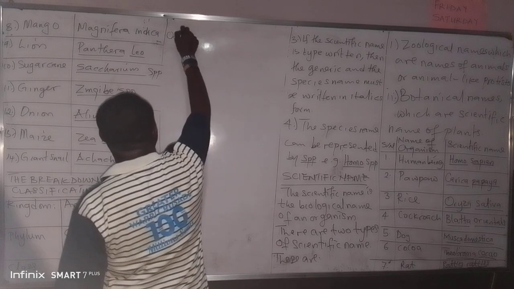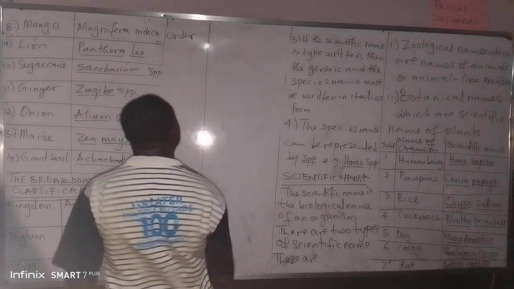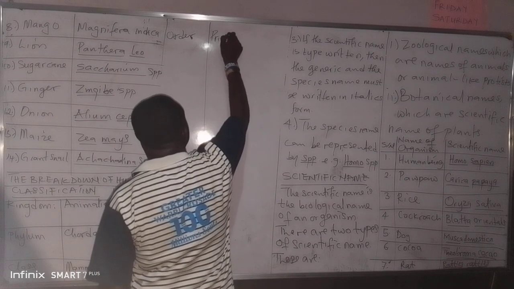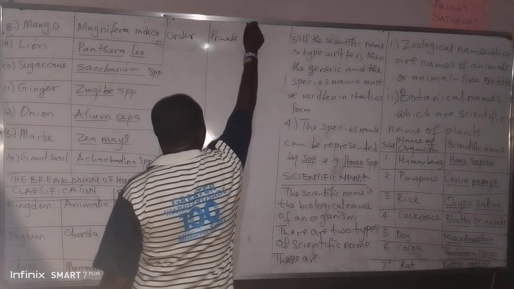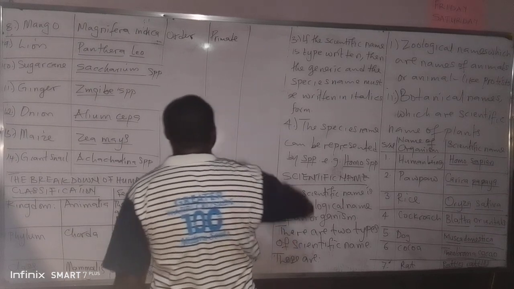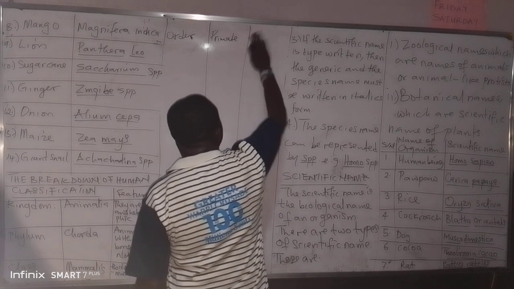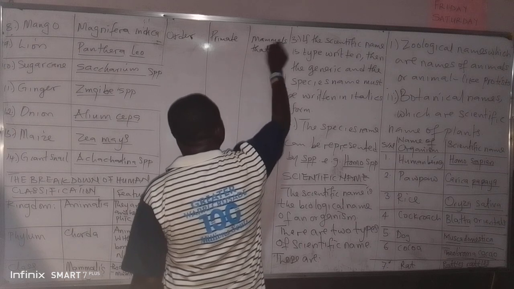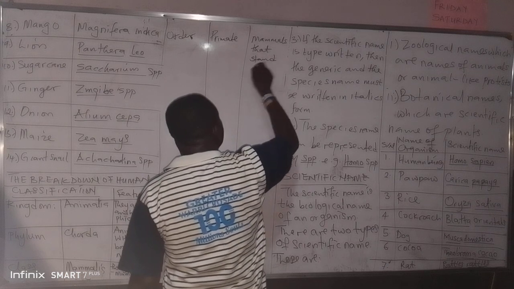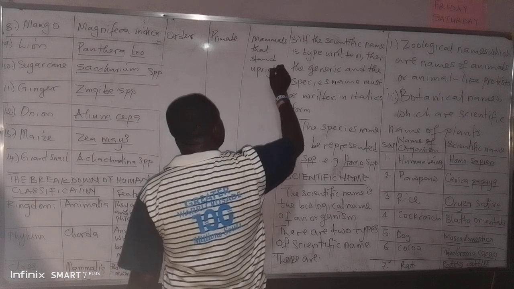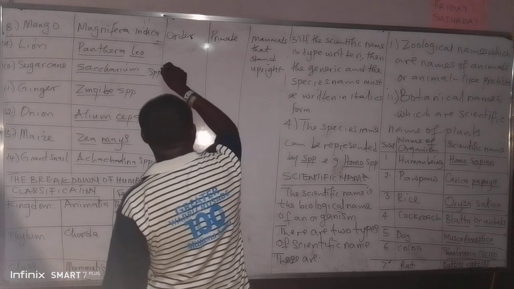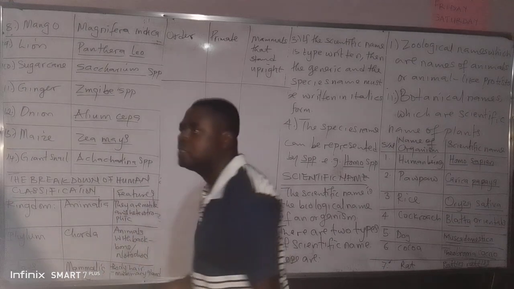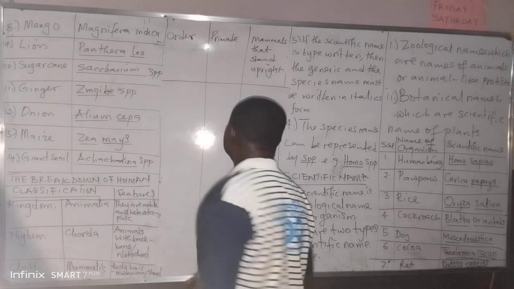Then we have order. Human beings belong to the order Primates. What happens there? Animals, mammals that stand upright, and they have their two eyes in the front part of their head.